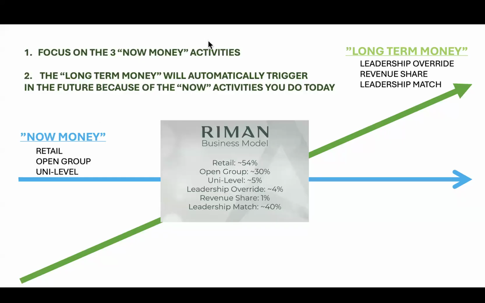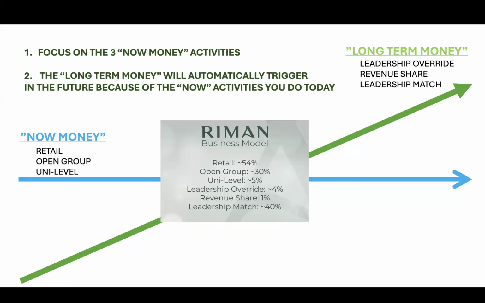Okay. So let me give you a very simple breakdown on how this compensation plan works. The best way I could tell you is there are 2 elements to our business. There is a now money element where you do the work now, you do the activities, and you can get paid handsomely and nicely, right? And then for being consistent and building a duplicatable business, there is long-term money that's going to pay you so you could sail off into the sunset, right?